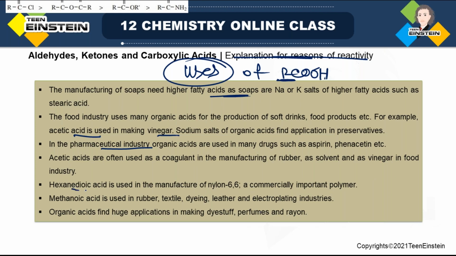Then hexanedioic acid, which is a dicarboxylic acid, is used specifically for generation of this polymer. And methanoic acid is actually formic acid. Organic acids have huge application in making dyes and perfumes. Remember, you can use it for formation of ester, and esters have a specific sweet smell. That is why it is used for perfume formation.